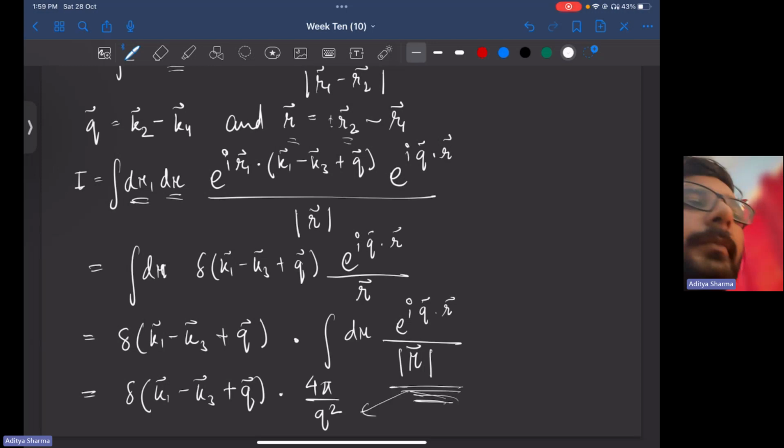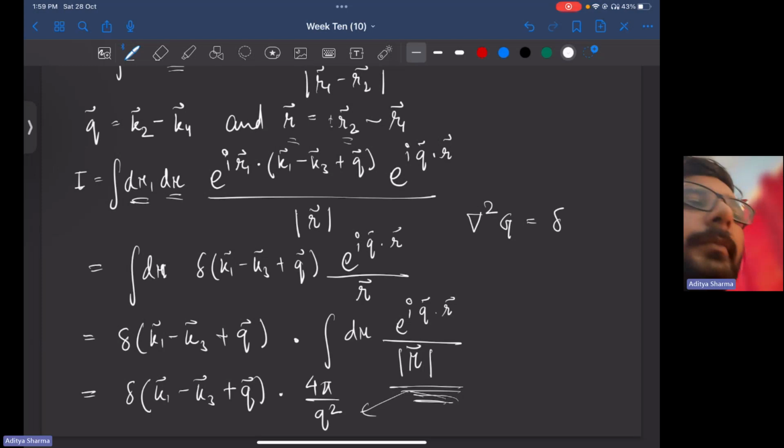This is basically giving you this quantity in the momentum space. And the way to get it is you're going to have del square of the Green's function is delta.